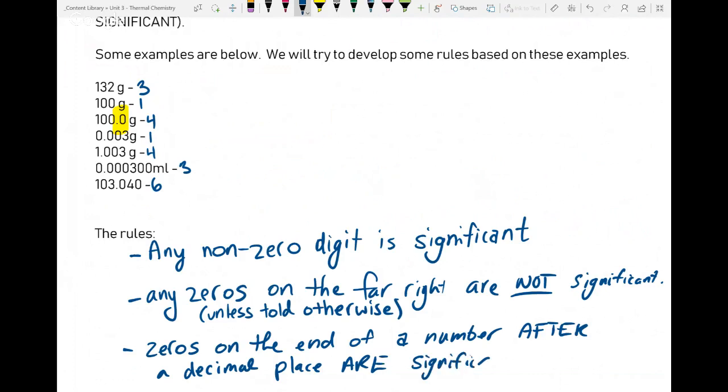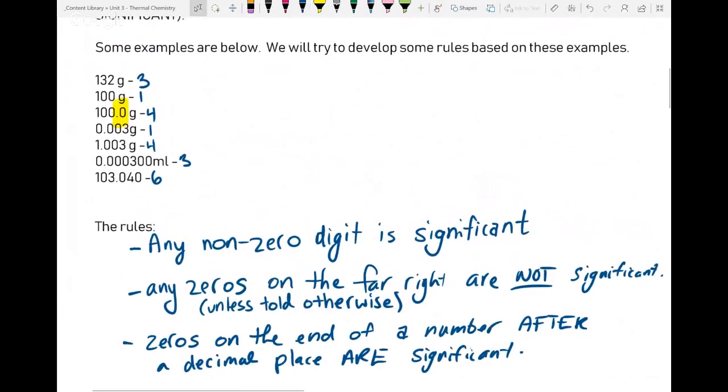The reason being, if you look at a number like this, they didn't have to put that 0 in there. 100 and 100.0 are mathematically the same number. So the fact that they put it in there means that they had to make a point of doing it. So it matters.